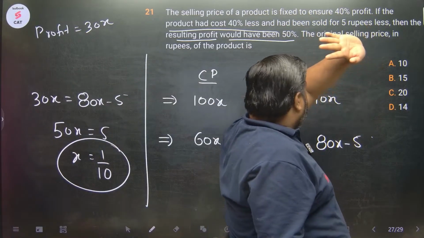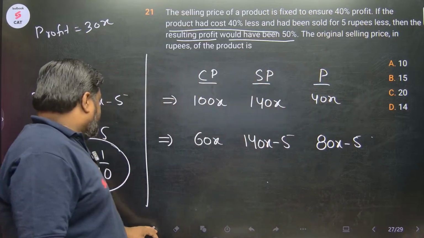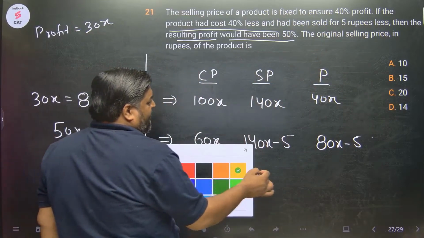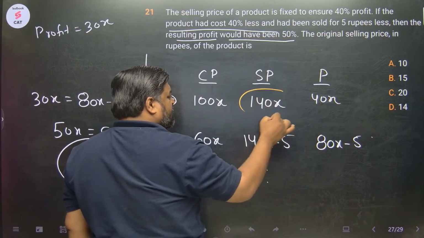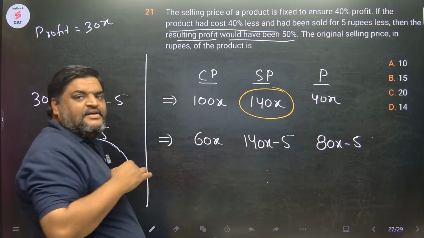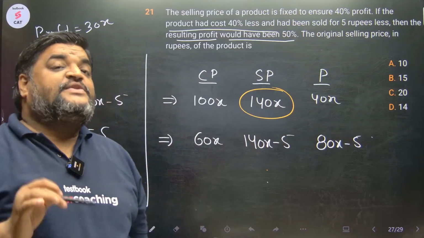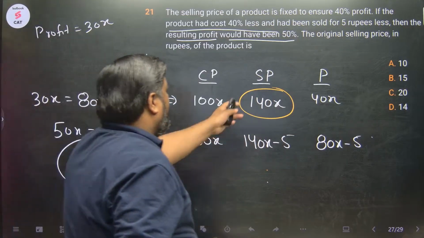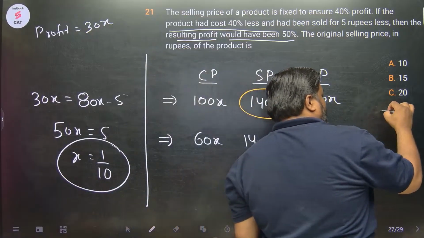The original selling price was asked, and the original selling price was 140x. 140 into 1 by 10 is 14.